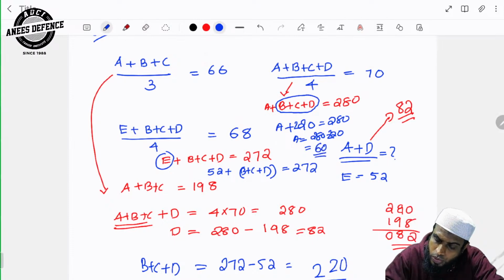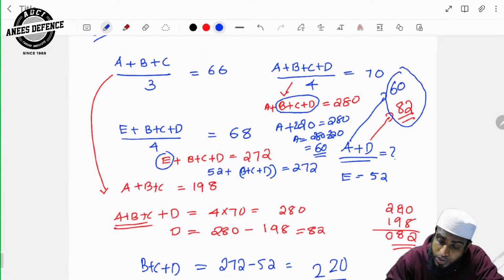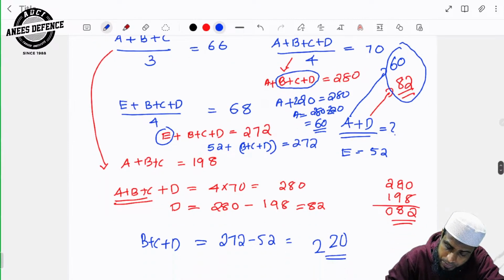So we got A also. So what is A plus D? 60 plus 82. 142 will be the mark of A plus D.